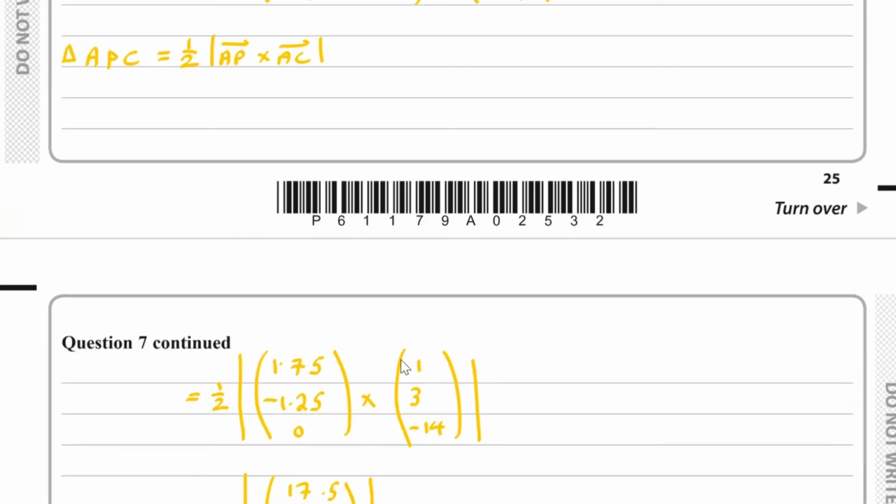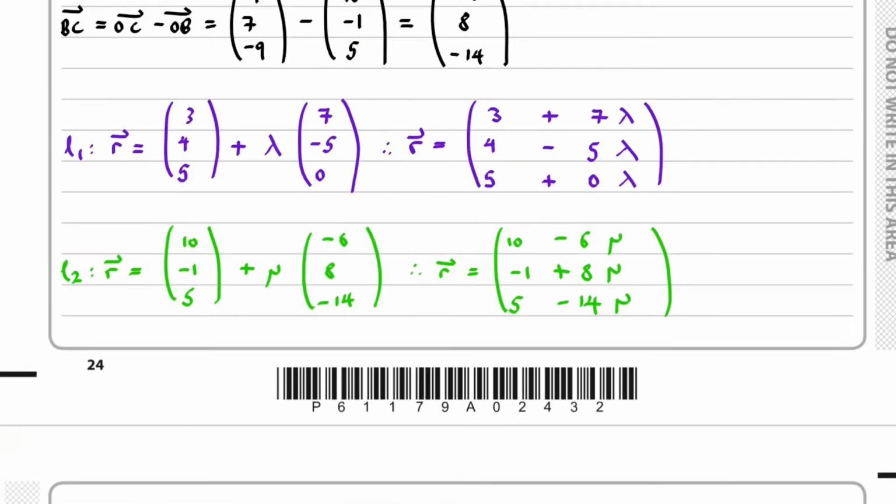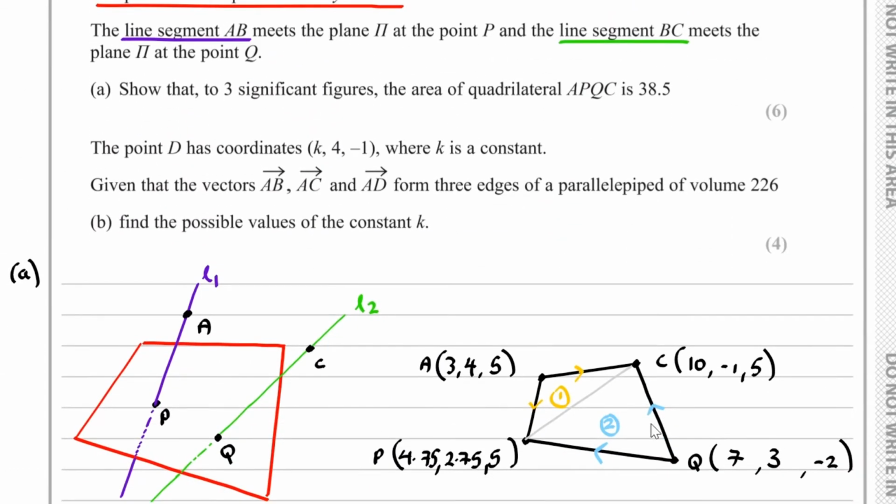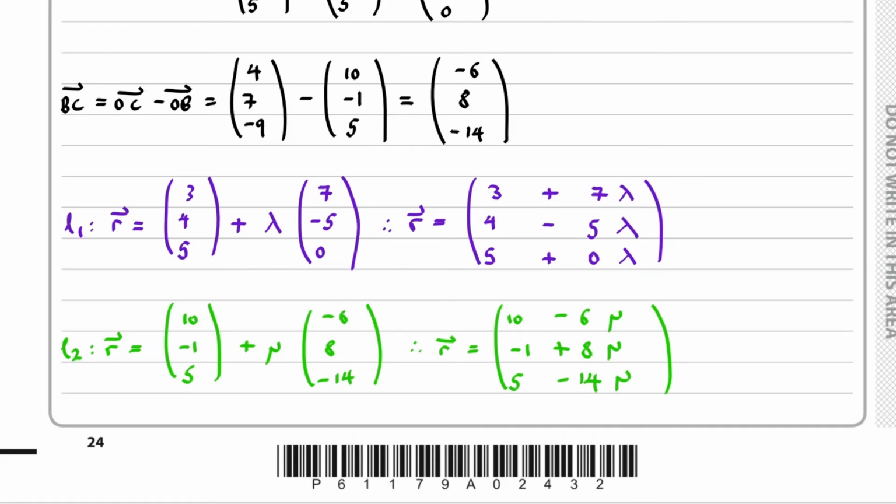So that's the area of this triangle over here. So now we need to do the same thing for the other triangle.